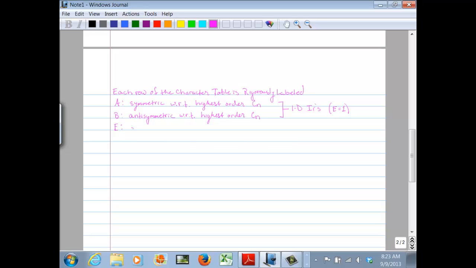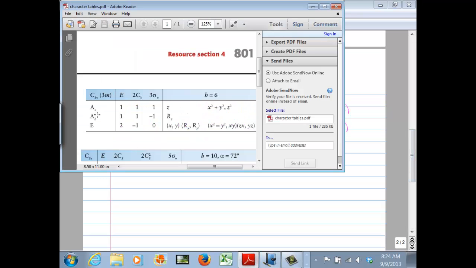E in the character table tells you it's doubly degenerate, and that just means that two orbitals or vectors are transforming together. And that means you're going to have a 2 under the identity. If you look at C3v again, notice that E is the symmetry label, but under the identity you have a 2 there to tell you it's doubly degenerate.